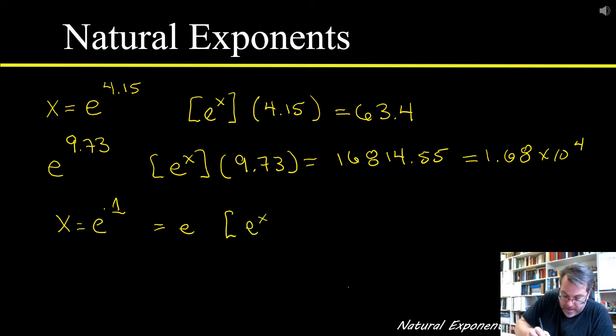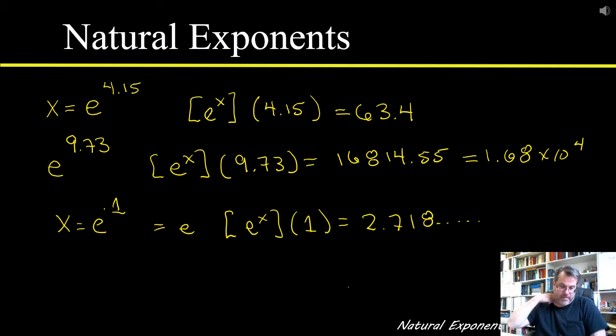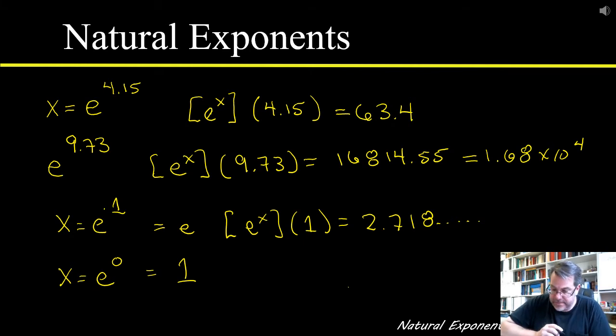Type in e to the x and then 1, and you should get 2.718, and then that decimal after that, right? And one other one that's important, e to the 0. Any number raised to the 0 power, you remember, is 1. Okay?